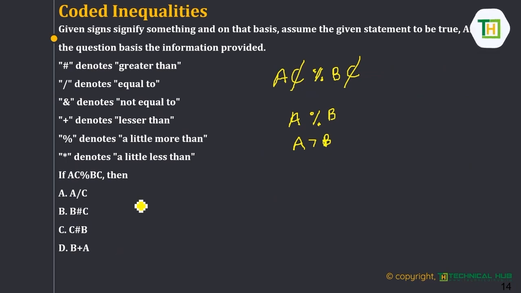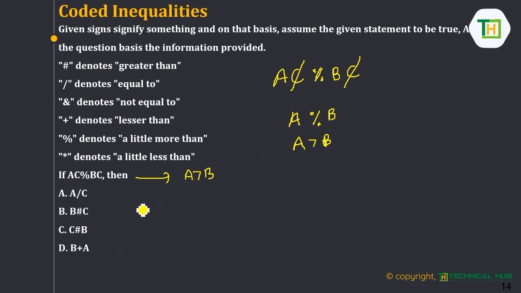So coming to the options. This is the statement: the statement is A greater than B. Little more than or more than, both are the same.